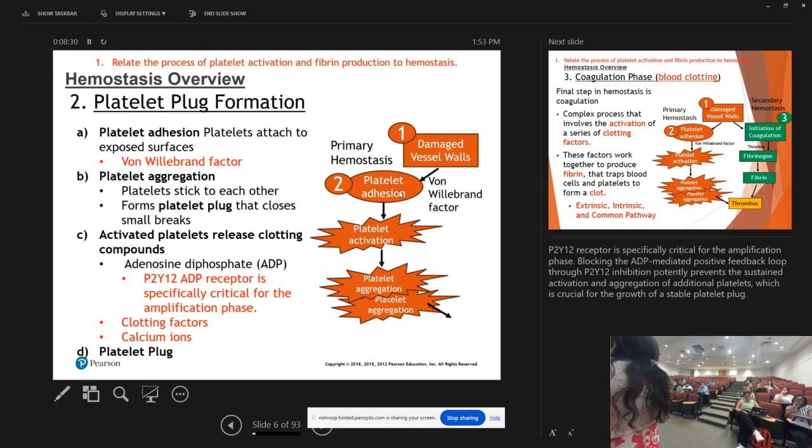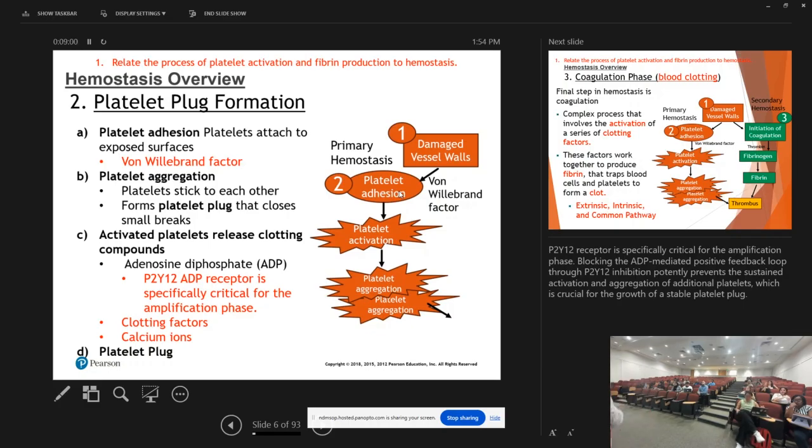And there are also clotting factors that we'll review, which are also important for this, and calcium ions. All of these, adhesion, aggregation, activation, leading to plug formation, is a process that has to happen for this pathway, the primary hemostasis, which then leads to clot formation downstream, right?